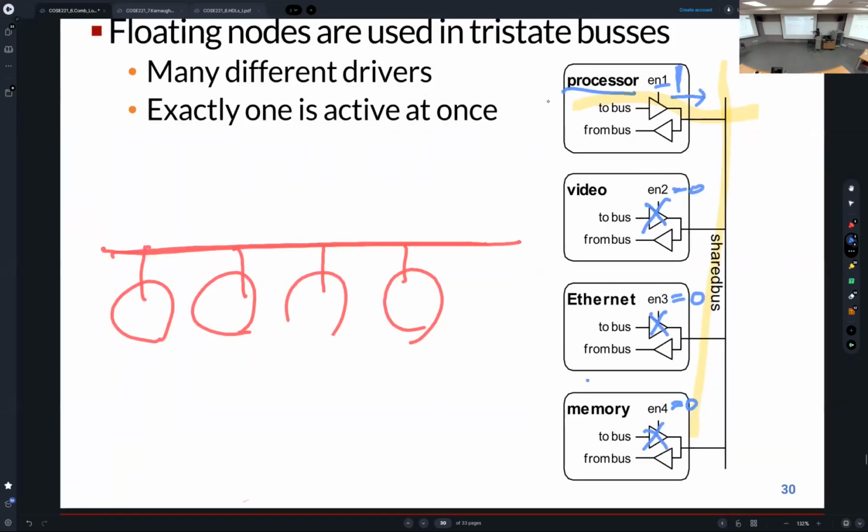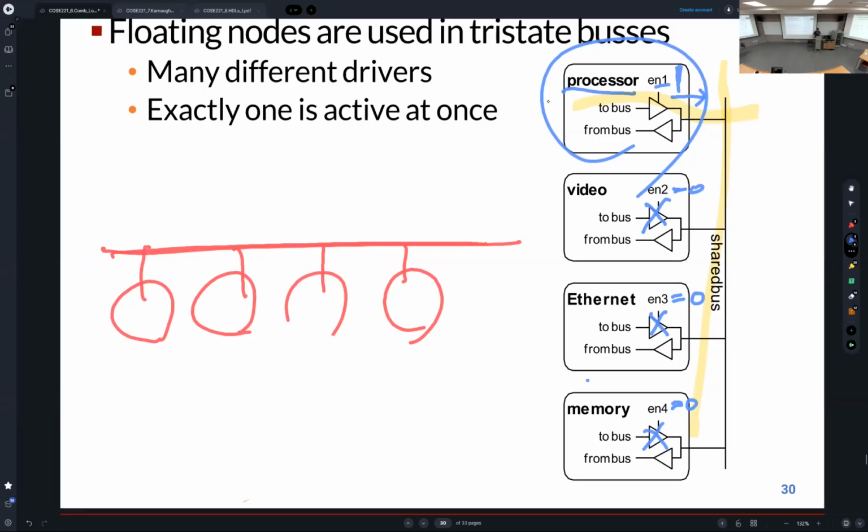This shared bus, the same node, is only driven by this component because enable 1 is 1 and the other enable signals are all 0. So disconnected, disconnected, and disconnected. The shared bus can only be driven by this component, the processor.